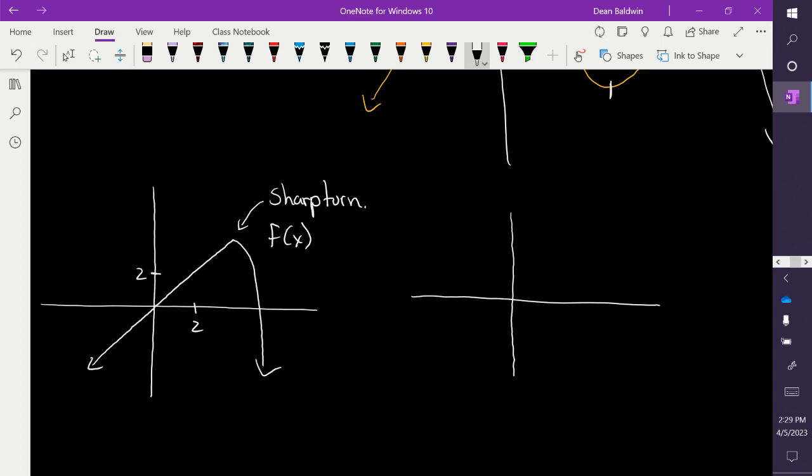No, it's not supposed to be just below the sharp turn.